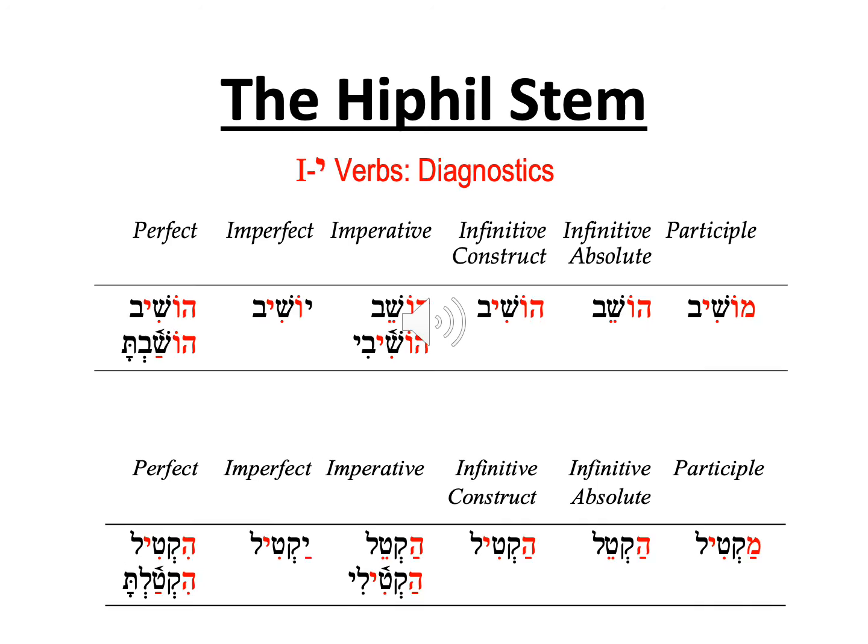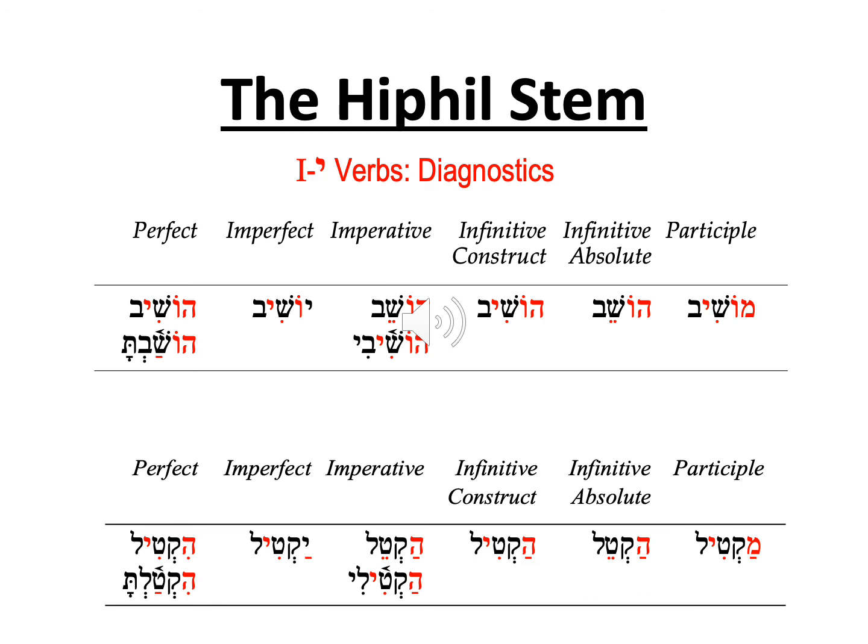At first glance, the Hiphil and the Niphal look the same, as you see that the yod has changed back to its historical form, which is a vav. However, in the imperfect through the participle in the Niphal, vav acts as a full consonant, whereas here you can see in the Hiphil that it acts as a holam vav, a vowel. In the perfect, in the Niphal, holam vav is the form as well, except that there is a nun preformative because we're in the Niphal.